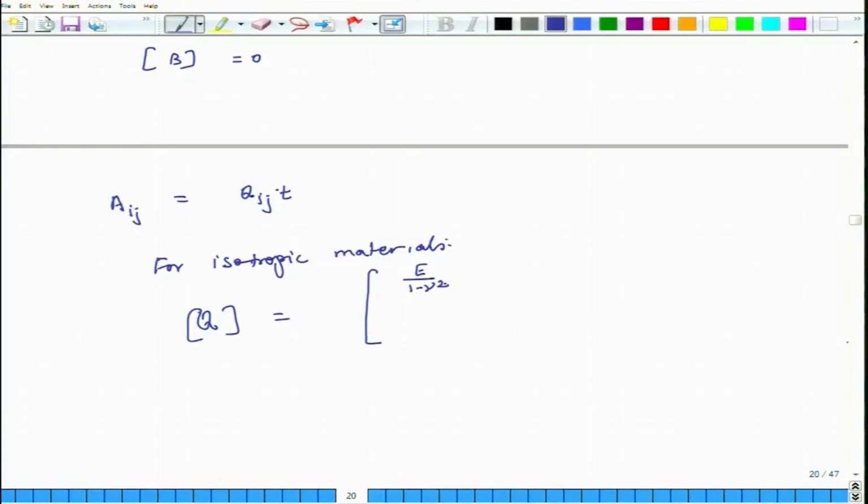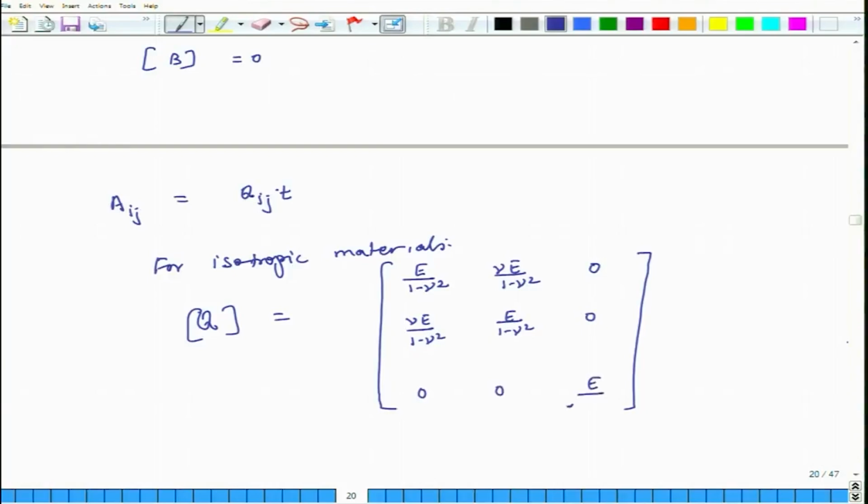So, this is something we have discussed earlier, and then the second element is nu E divided by 1 minus nu square, third element is 0, then nu E divided by 1 minus nu square, E divided by 1 minus nu square, 0, 0, 0 and E divided by 2 times 1 plus Poisson's ratio.